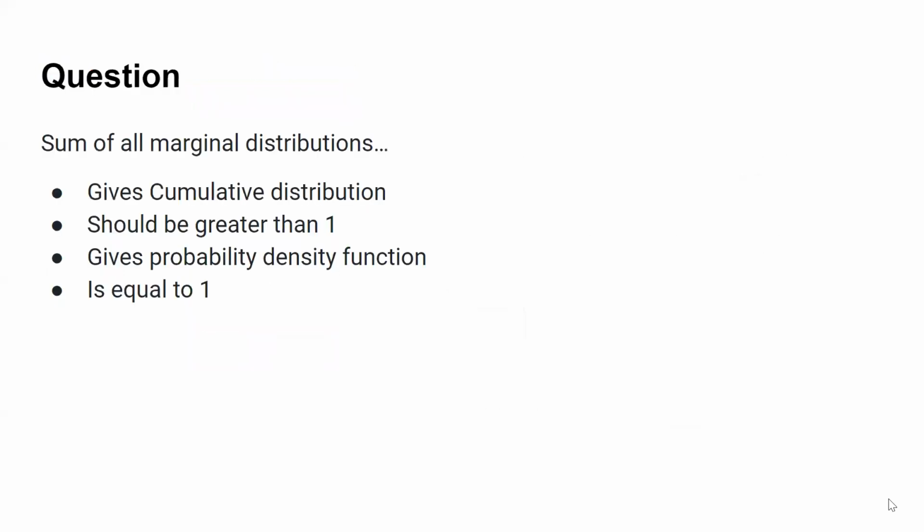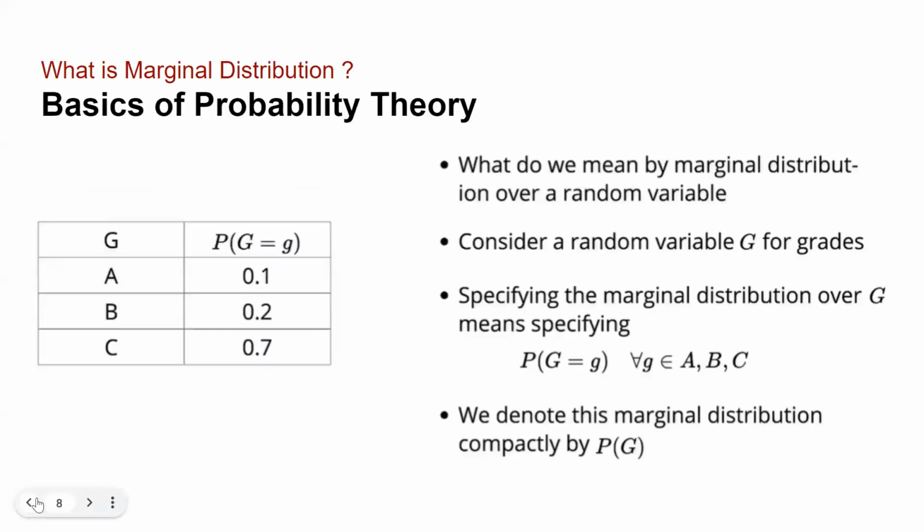So here, can you go to the last slide? Here you're saying specifying the marginal distribution over G means specifying P(G = g). What does that mean? So G is what? Grade, right? This is a compact notation of this table.